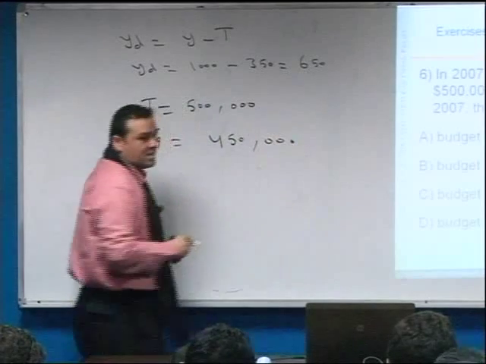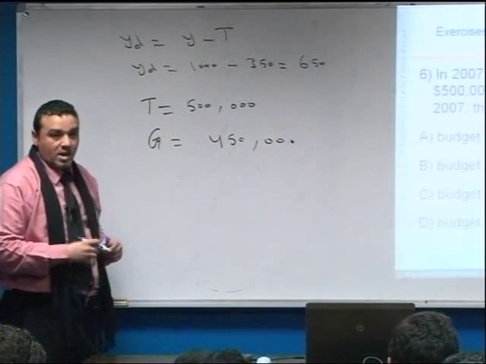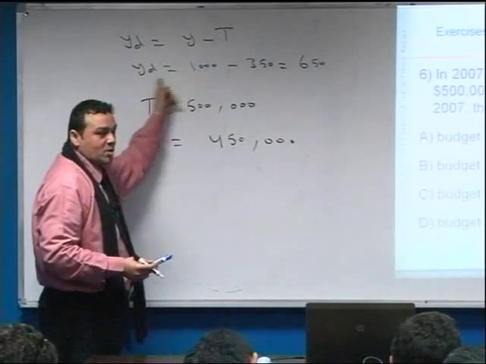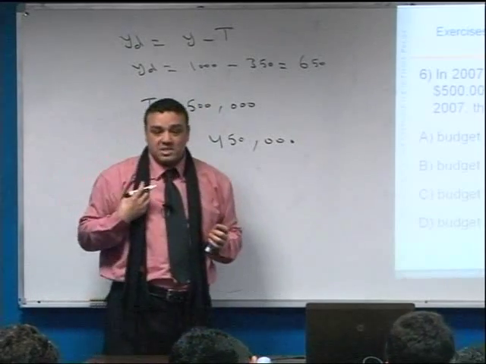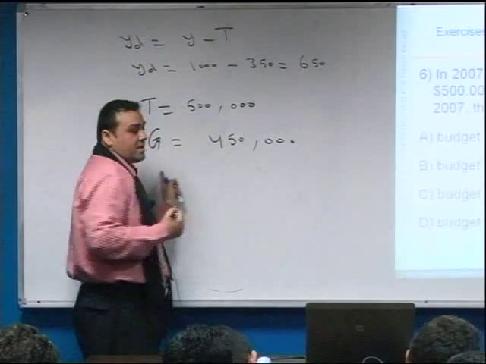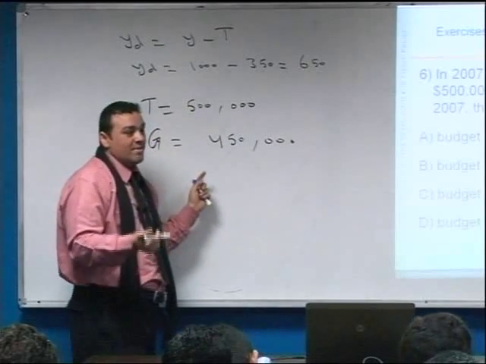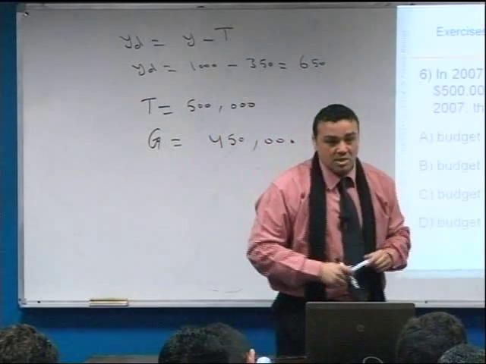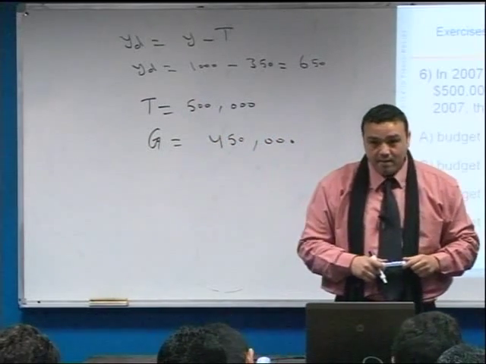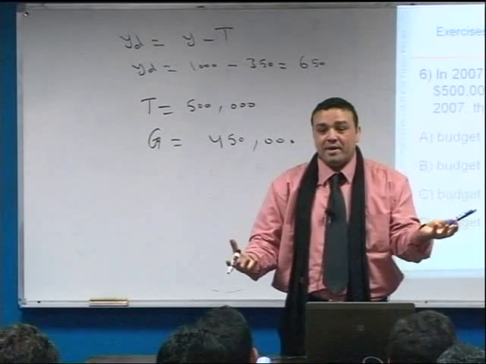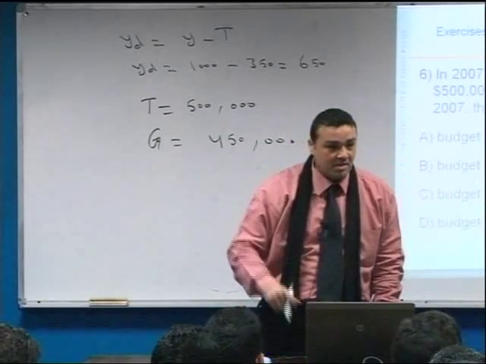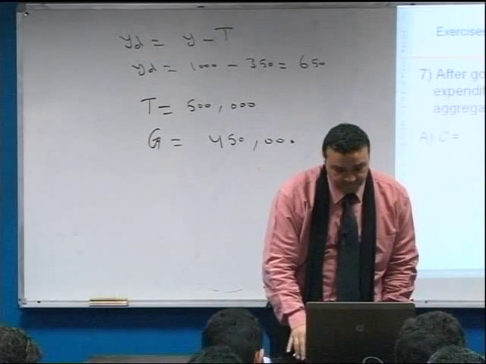We have a surplus because the taxes received are larger than the government spending. Which is bigger, the spending or the tax we collected? We collected more in tax, so we have a surplus of $50,000, the difference between G and T.